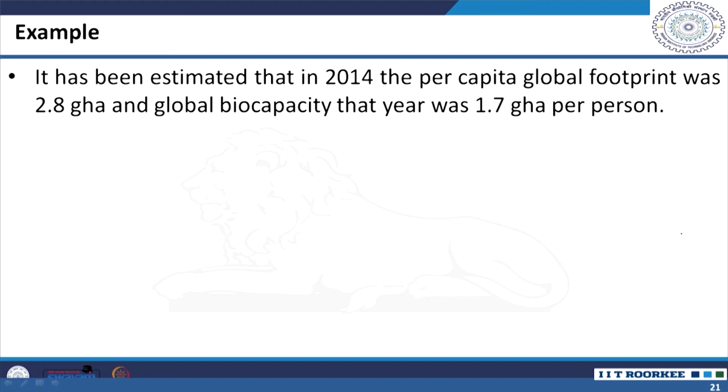One is giving the per capita global footprint, and the second is giving the global biocapacity data. The first is the demand side factor, and the second is the supply side factor. From these two data sets, how are you interpreting?